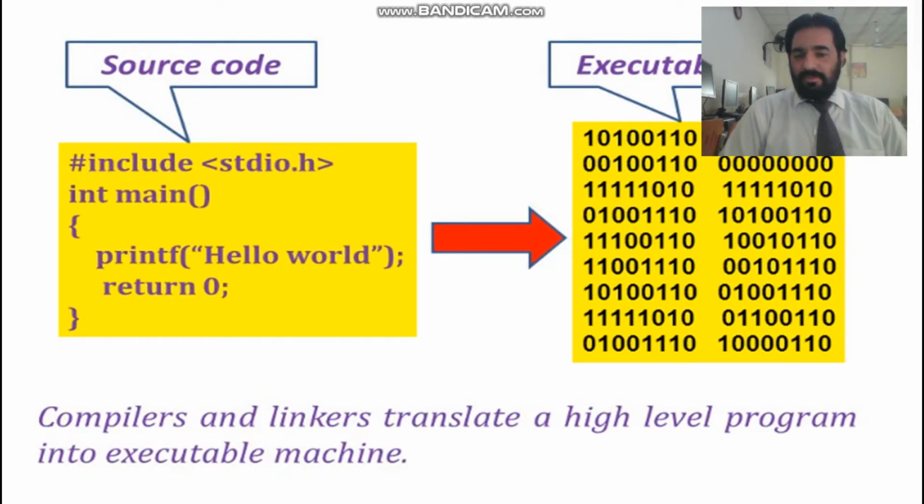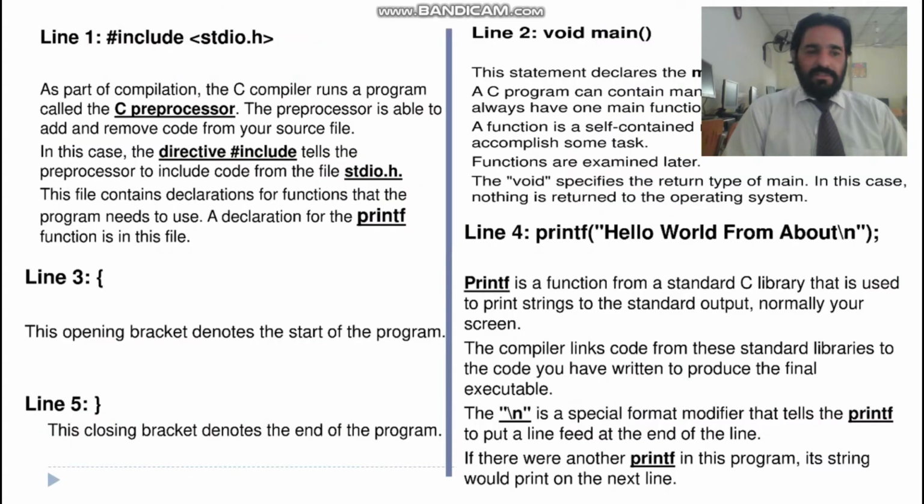So your computer will translate it, and the executable code will be a combination of 1s and 0s. The compiler and linker translate this high-level program into executable machine code. So dear students, this is an example for you. You must be aware of how your computer translates.